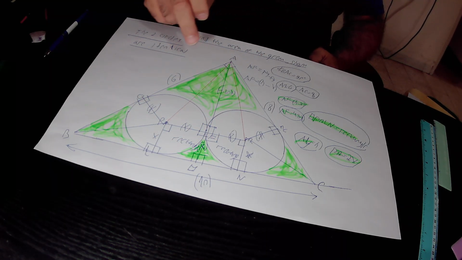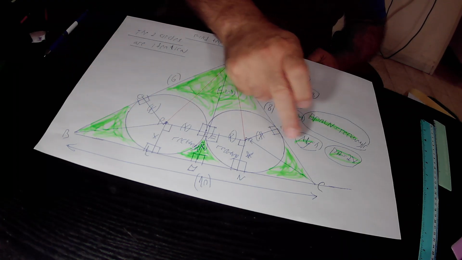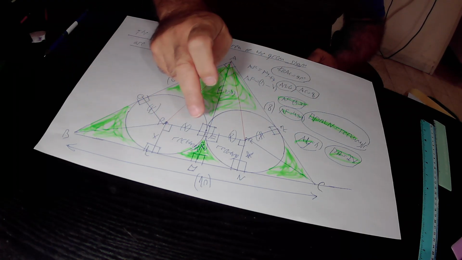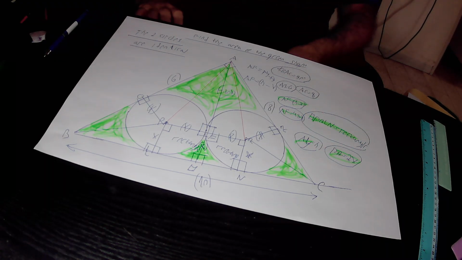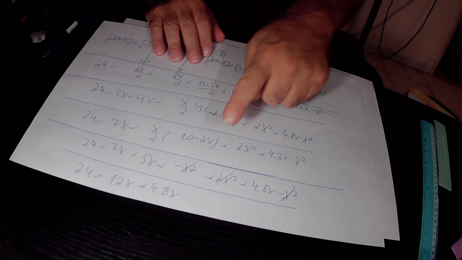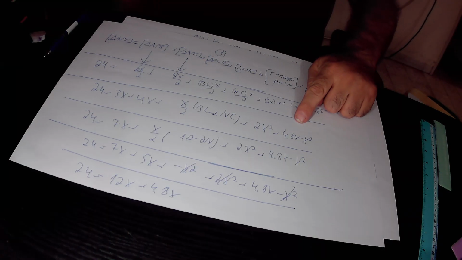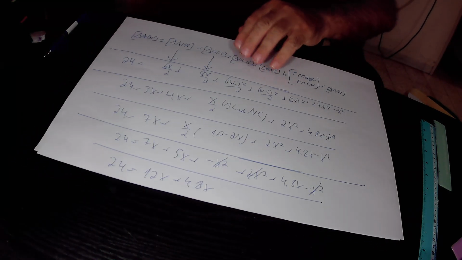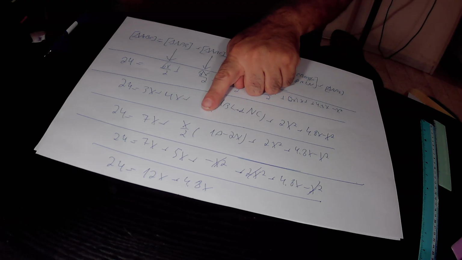So in total, BL plus NC equals BC, that is 10, minus LN, that is 2x. Again, BL plus NC equals 10 minus 2x, plus 2x squared, plus 4.8x minus x squared. So here 24 equals 7x.